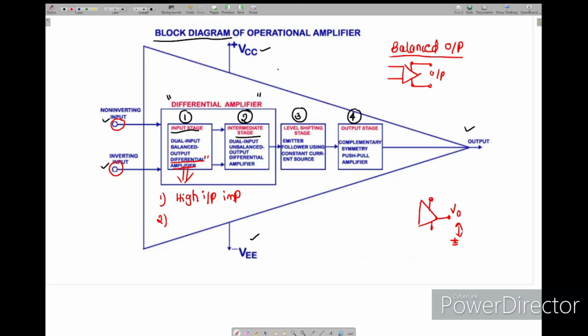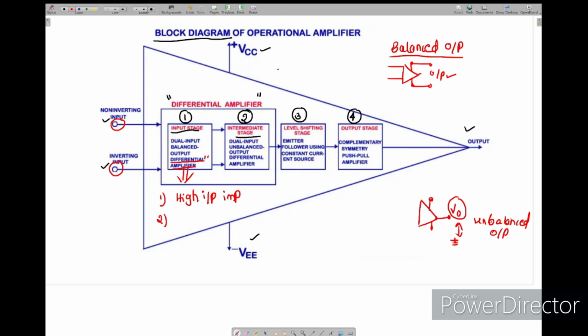If you take the output voltage across to one ground, we call it an unbalanced output, from the output pin to ground. Here it is dual input and balanced output.